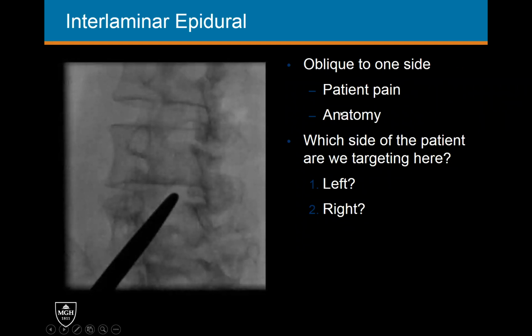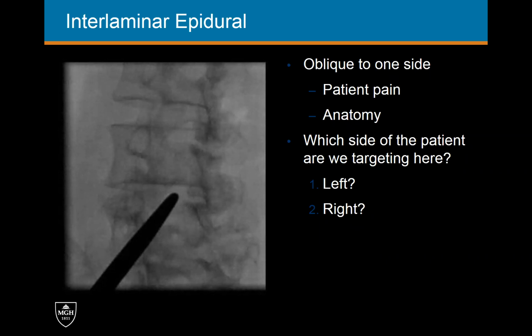Which side we choose depends somewhat on patient pain. So if they have more pain on the left, we tend to oblique to the left. Even though the needle ends up in the midline, in general flow goes to both sides. But when you come from the left or from the right, it generally does tend to flow a bit more, probably because of the path of least resistance, on the side you approach.